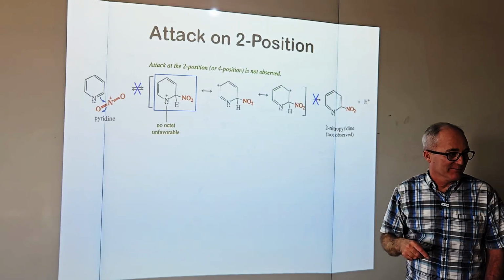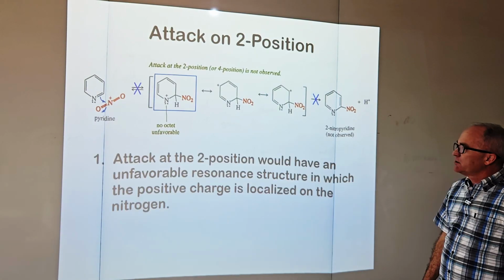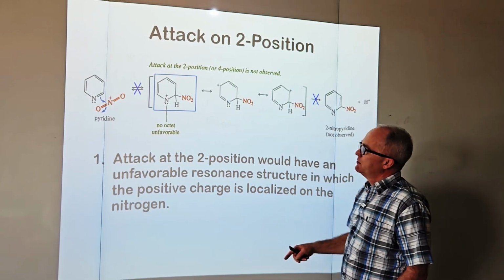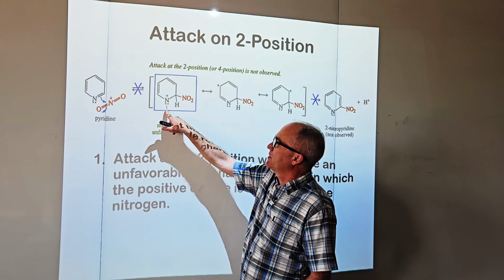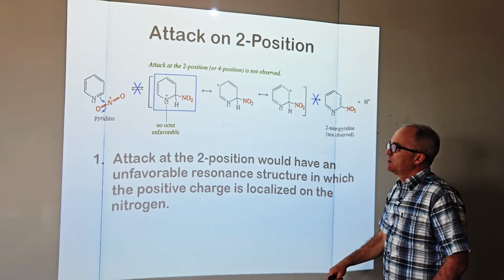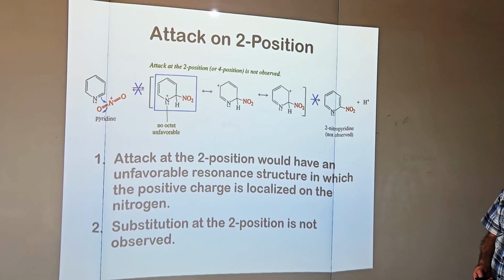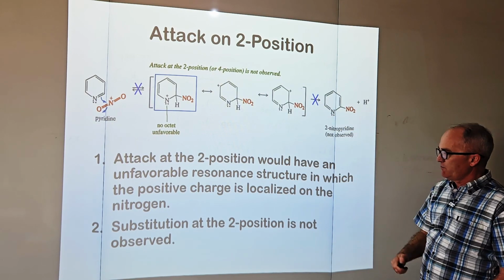I think the octet rule is a real useful thing you learn in general chemistry. So just as we saw with all the meta directors, where we had a carbon here and a positively charged species like a nitrogen or carbonyl carbon, nature doesn't want to put a positive group there. So we don't observe ortho. Of course, they're just calling it the number 2 from the heteroatom.